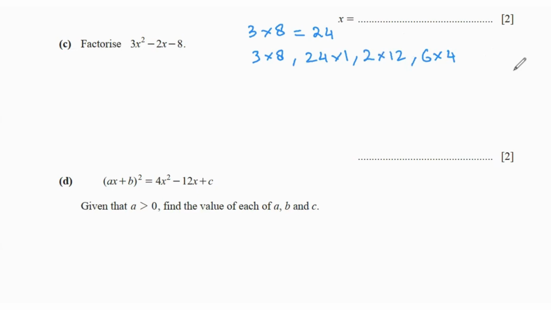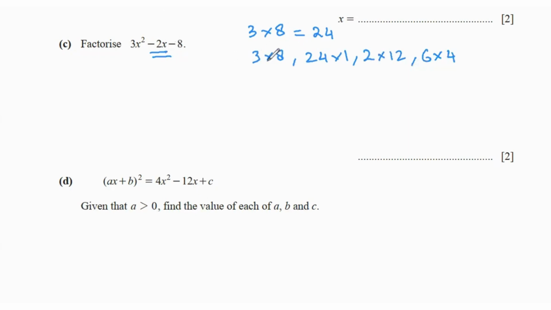Once you have listed out all the factor sets, we pick that set of factors which when added or subtracted gives the middle term. Middle term will always be the term which has x with it, not x squared, just x. So in this case, we need to pick that set which when added or subtracted gives us -2.